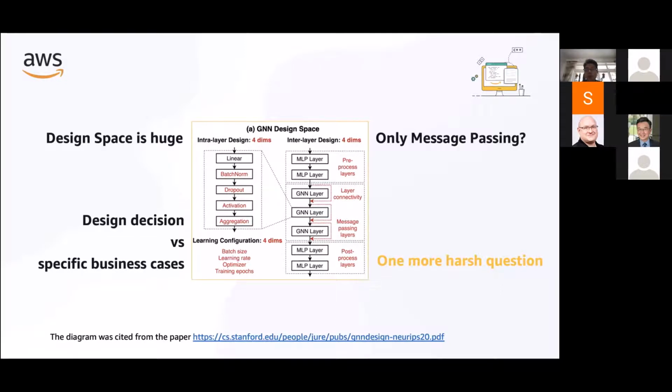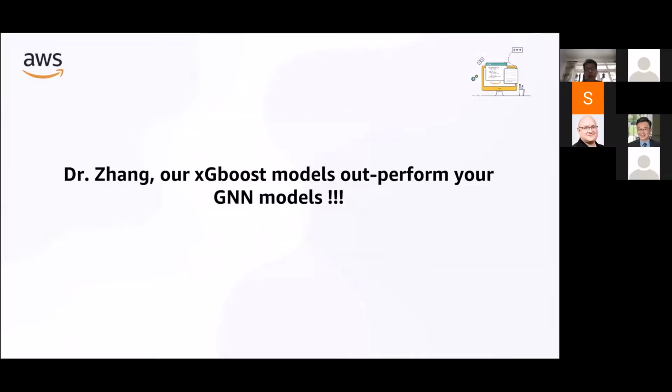Actually, there's one more harsh question I need to face before I can help our customer adopt GNN technology. They are good at traditional feature-based models like XGBoost, CatBoost, or other boosting methods. They say, okay, our model outperforms the GNN model I proposed.